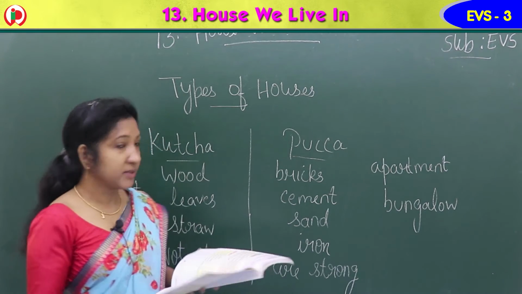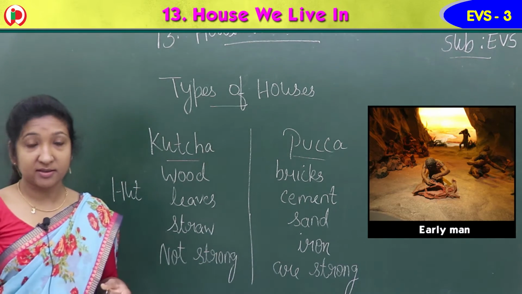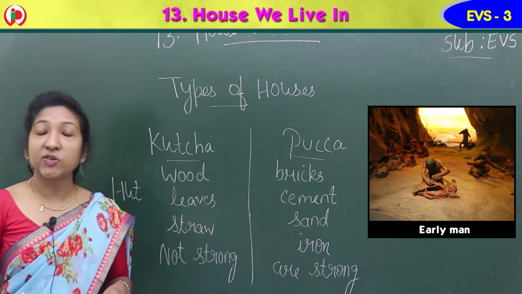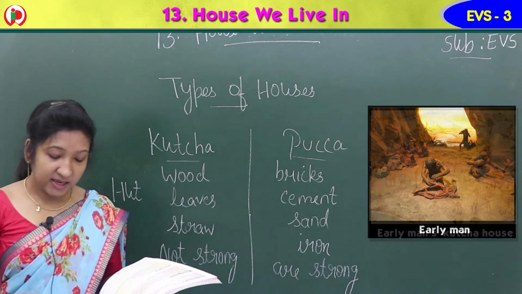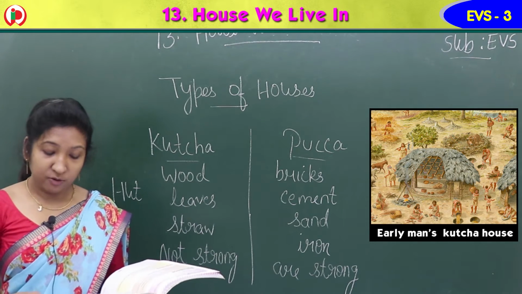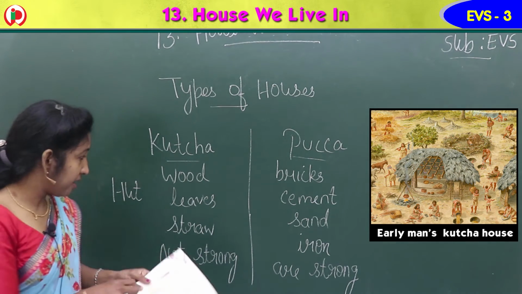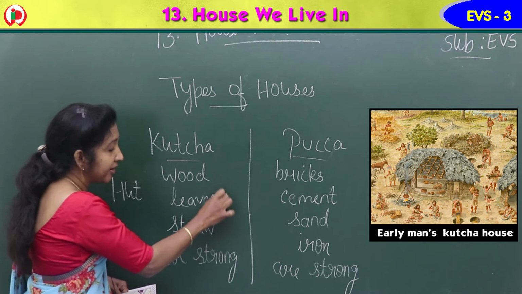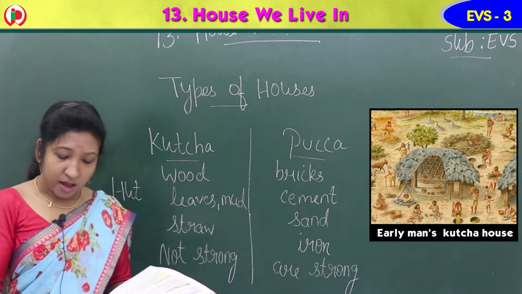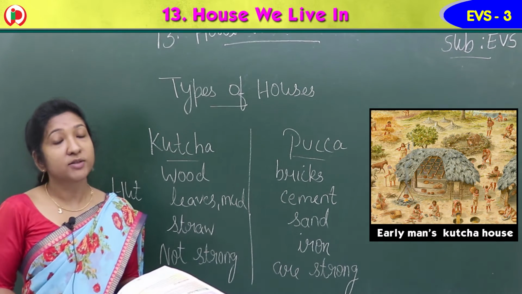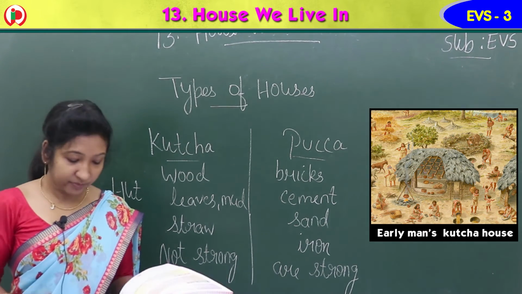Types of houses. Early man lived in caves and under trees. They used to live under the shade of trees or in caves. After many years, he learned to make houses of wood, mud and straw, leaves also.